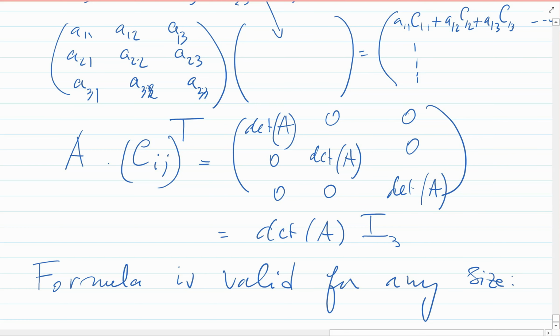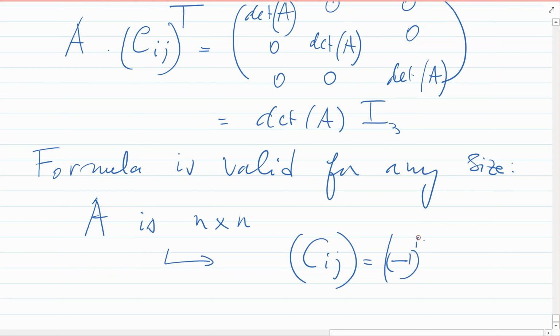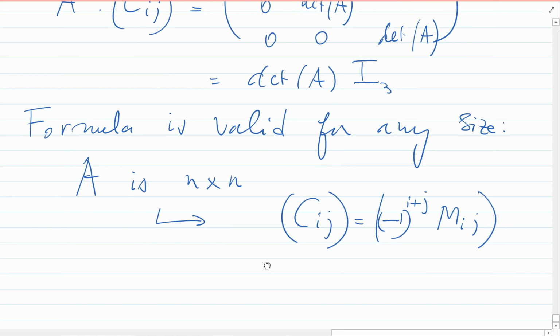Meaning, if A is an n by n square matrix, from this matrix we come up with Cij, which is minus 1 to the power i plus j times Mij, the minors. And this Mij is just the determinant of A where we remove row i and column j. This matrix has a name. We call it the cofactor matrix, because all the Cij's are the cofactors.